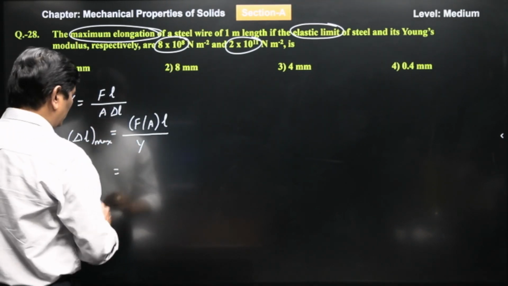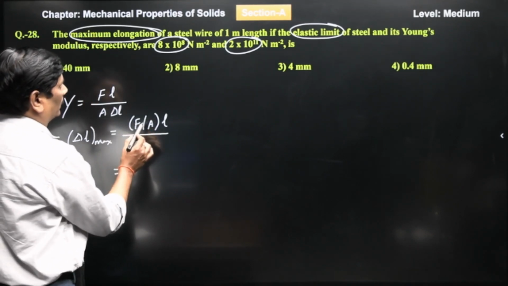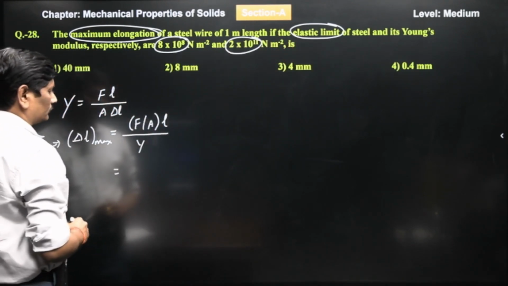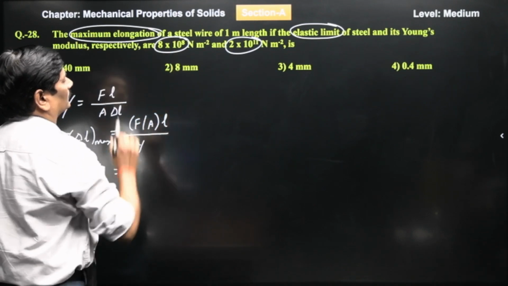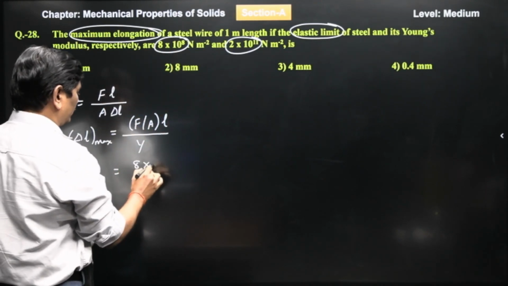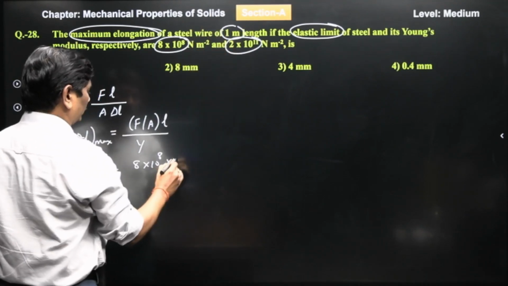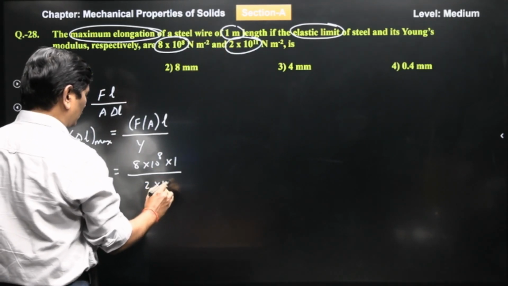Rearranging like this, in order to get maximum elongation, whatever the stress, force by area, you can take the elastic limit. The stress corresponding to the elastic limit is 8 into 10 power 8, the length of the wire is given as 1 meter, and Young's modulus is 2 into 10 power 11.